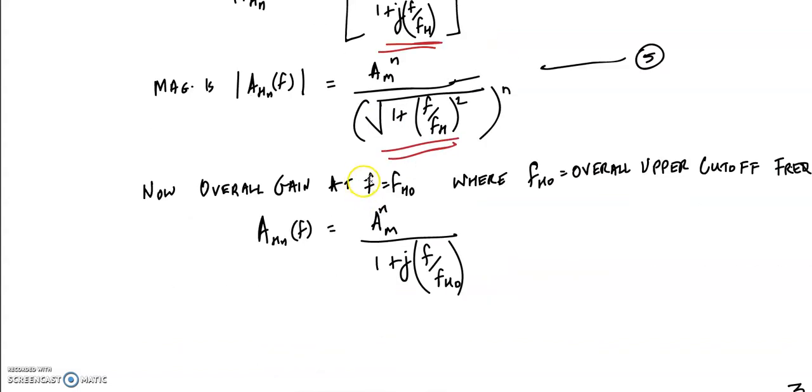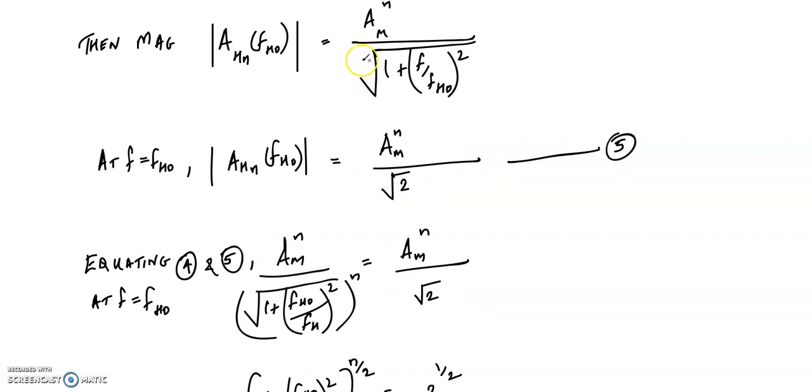Now, without thinking of the individual stages, we are going to consider that f is equal to FH naught, the upper cutoff frequency, and then the gain becomes AH of f is equal to Am whole raised to n by 1 plus j into f by FH naught. Then the magnitude can be written as Am whole raised to n by root of 1 plus (f by FH naught) the whole square.